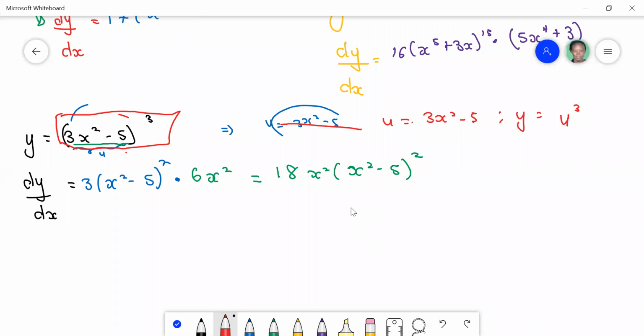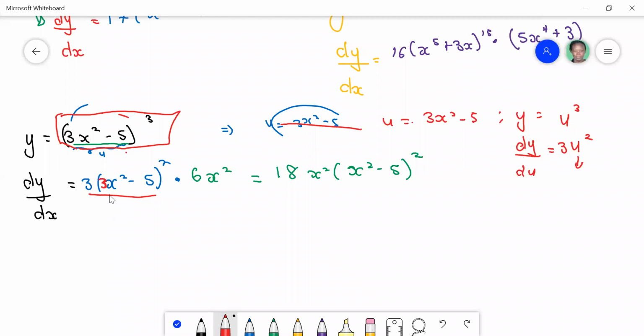Then I'm differentiating dy/du, and dy/du is going to give me 3u squared. I know u is this. Sorry, I left the 3 here.